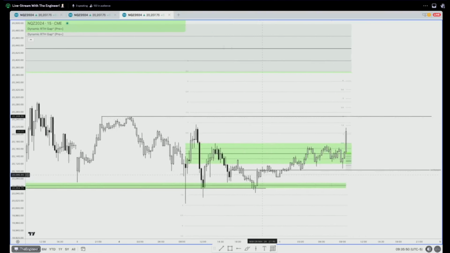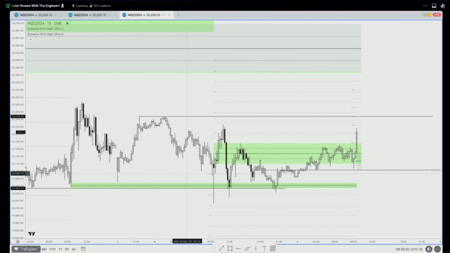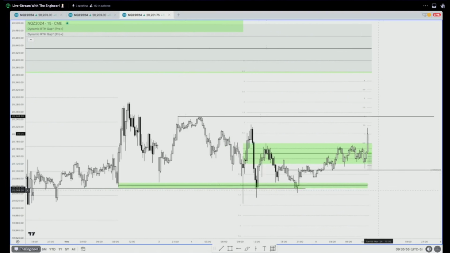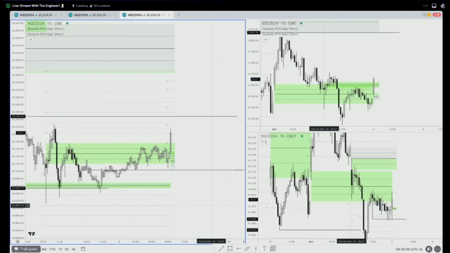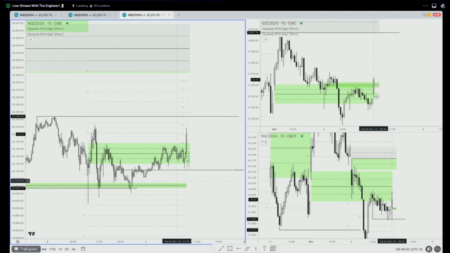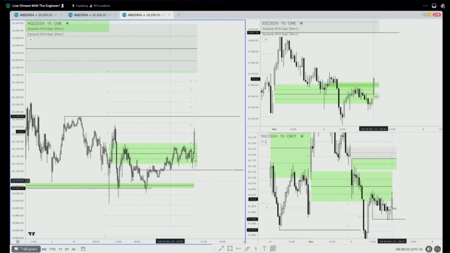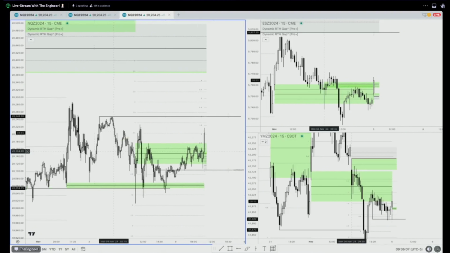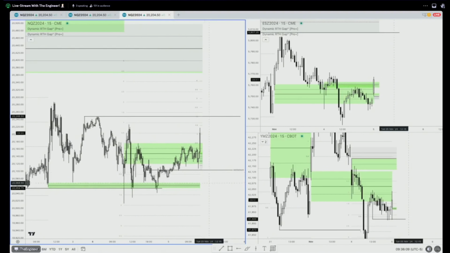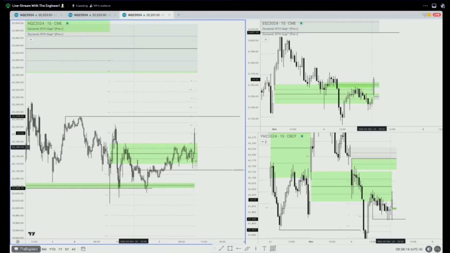With these questions, I can frame the profile and my bias for the day. So if I am looking for shorts in the long term, expecting lower prices, and I'm not in a trending condition, I would like to see some kind of buy stops run before engaging those high time frame levels that I'm expecting.